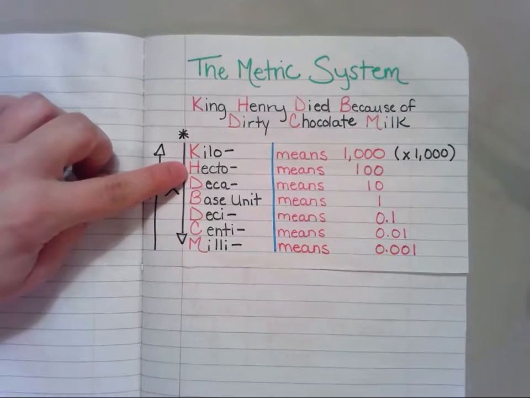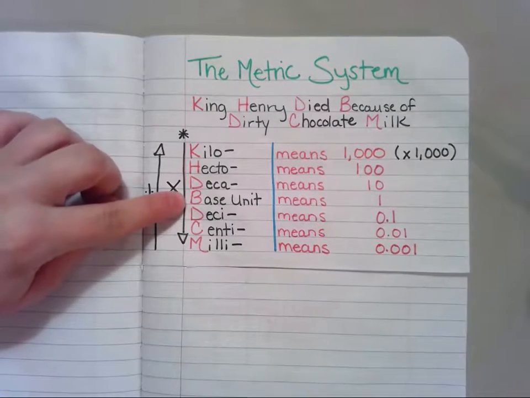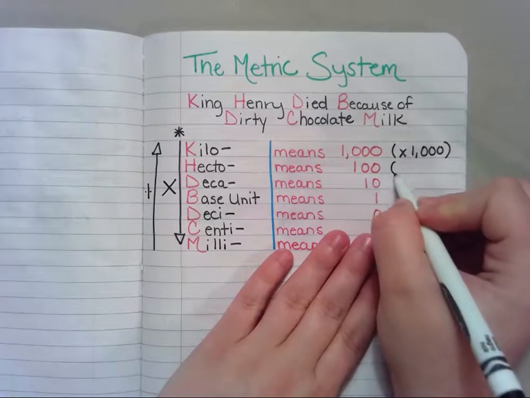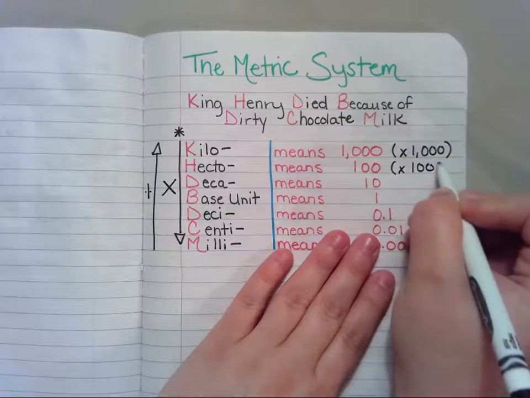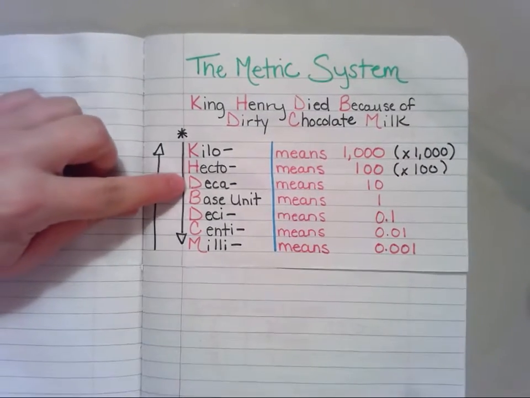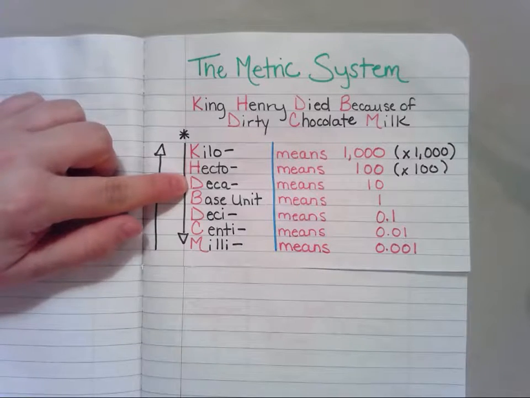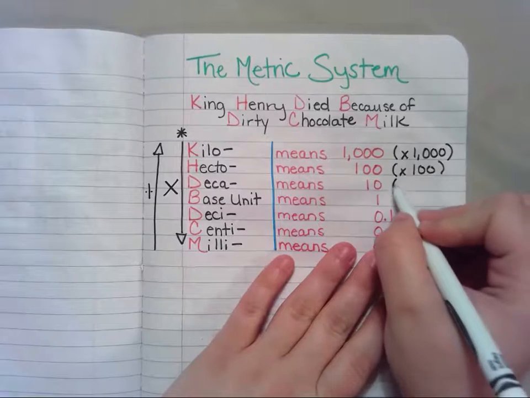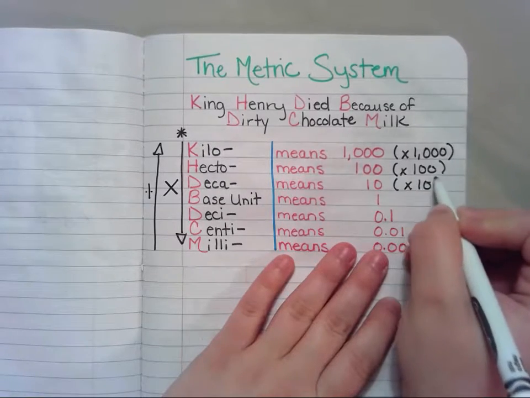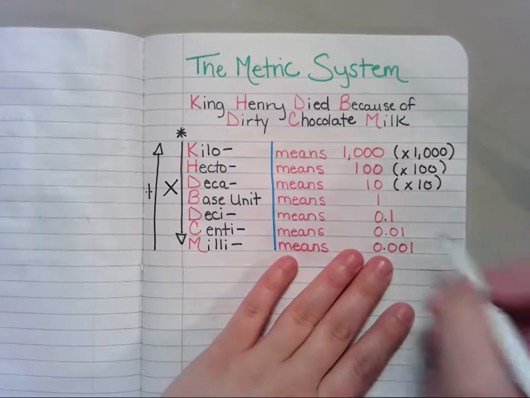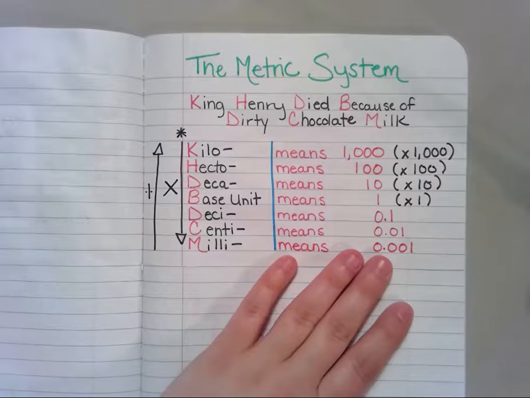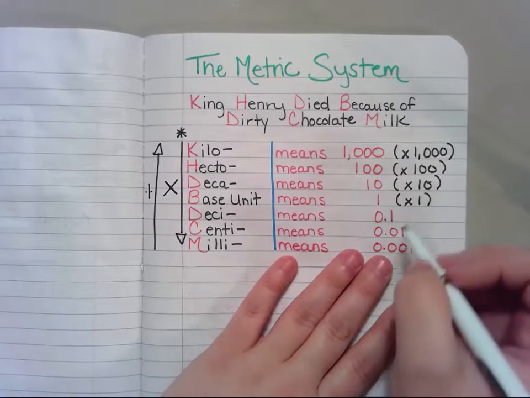If I'm going from my hectometer to my meter as my base unit, I'm going to multiply by 100. If I'm going from a decagram to a gram as my base unit, I'm going to multiply by 10. Of course, my base unit is always times 1. It's always going to give me what I start with.